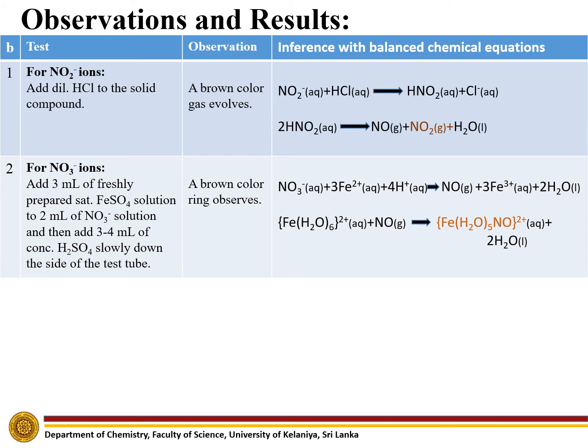For the given nitrate ion solution, first add freshly prepared saturated ferrous sulfate solution, and after that, when we add concentrated sulfuric acid slowly down the side of the test tube, we can see a brown ring. This is due to the formation of this given complex.